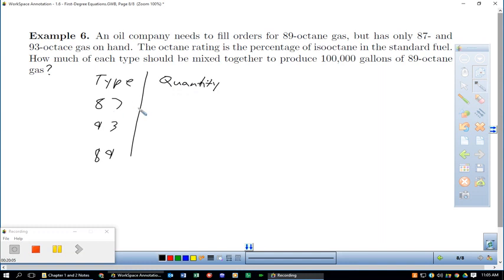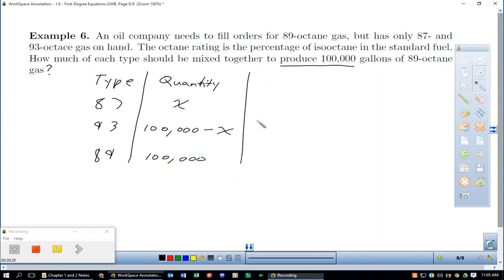We don't know how much 87 octane, so let's use X for that. We don't straight away know how much 93 we have, but we do know that together they produce 100,000. So it's how many are left over? 100,000 minus X. Now we do know how much we want of 89 octane gasoline. It's 100,000 gallons.